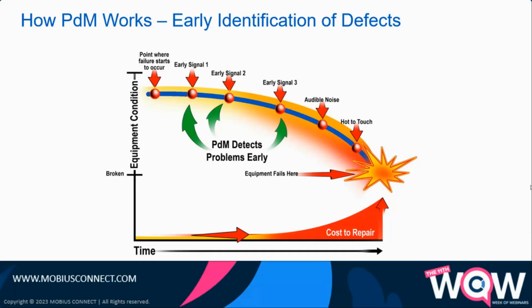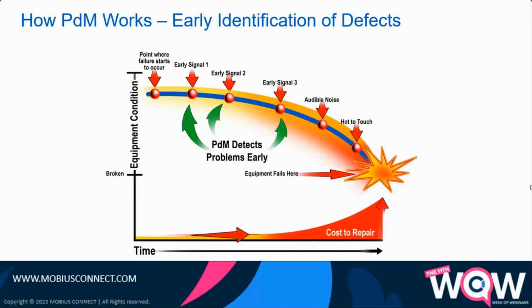And human senses are a perfectly acceptable condition monitoring tool. It's just you need to understand some of the deficiencies there, and that's further down the PDF curve. And as you see on the bottom, that continuation of time to the point of failure gives you less time to be able to react and address corrective action before failure occurs.